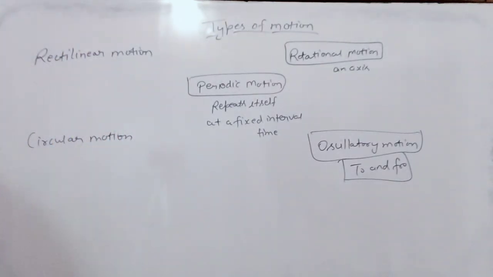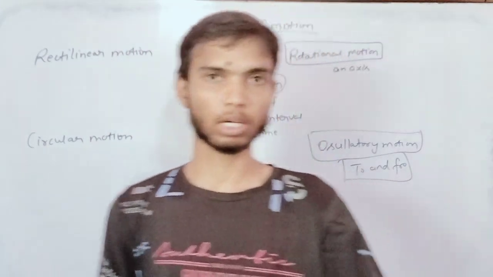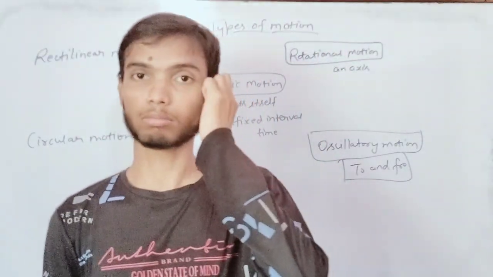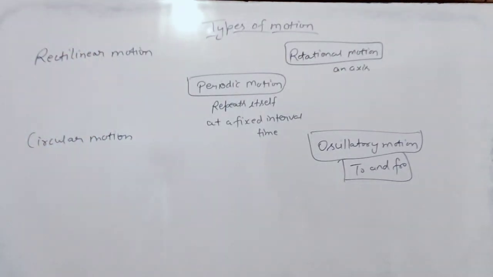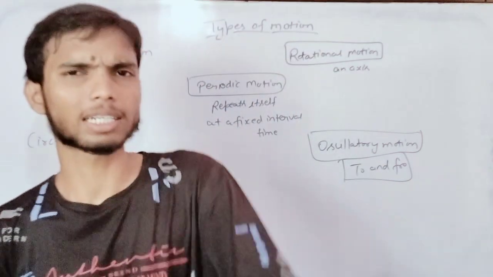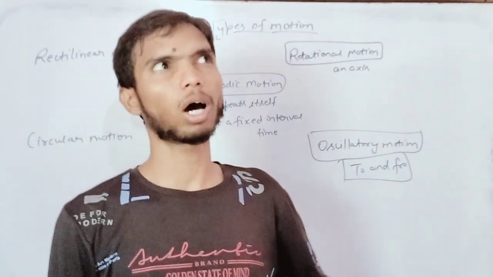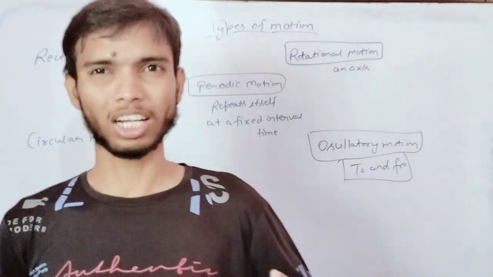Try to understand here. We are understanding types of motion. As we know, motion takes time. All types of motion will take time. Rectilinear motion. So how will the object move?